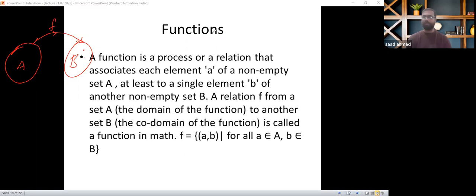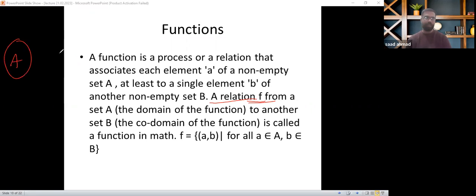And then we have some criteria for the function that we see next, which make it a function. So a relation f is a relation between A and B, the two sets.